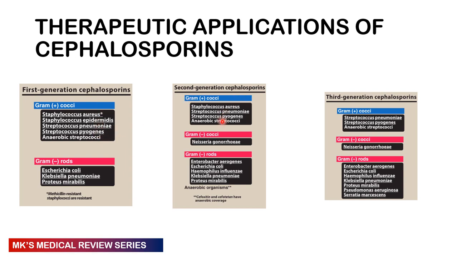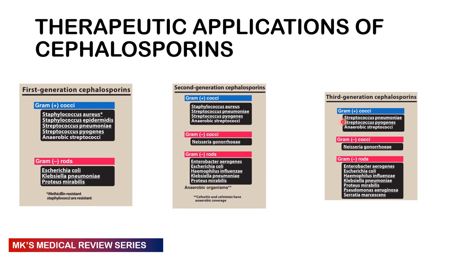The only difference here is that these are not going to be so effective against your Staphylococcus epidermidis, which I can see on this list. Then you have gram-negative cocci in addition, which is going to be effective against Neisseria gonorrhoeae. And then gram-negative rods like Enterobacter, Escherichia coli, Haemophilus influenzae, Klebsiella pneumoniae, Proteus mirabilis.